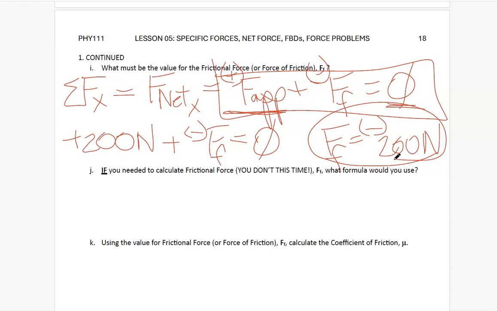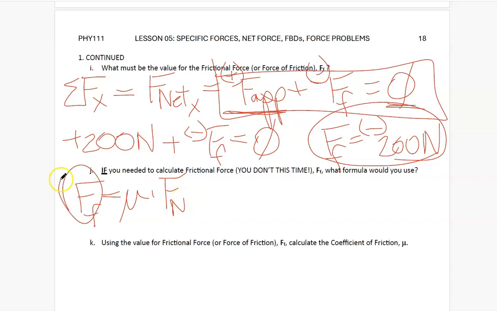Now we know the frictional force, and we also know the normal force. This will give us a way to calculate the coefficient of friction. Part J says if you needed to calculate the frictional force, you don't this time because we just calculated it. What formula would you use? Well, we know the frictional force equals mu times the normal force.